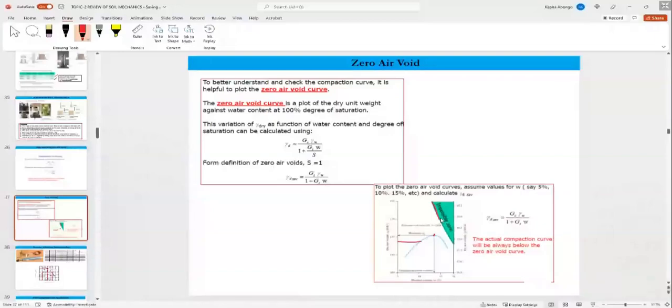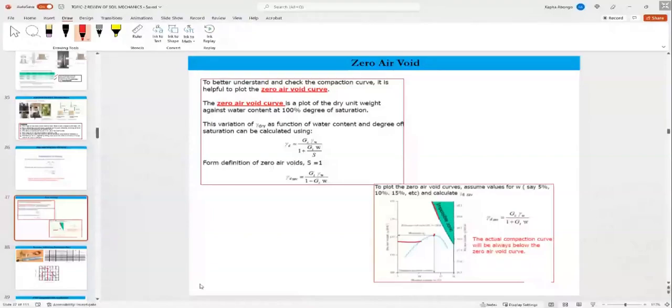Okay, let me see how to present this, that we may understand the compaction curve with zero air void.